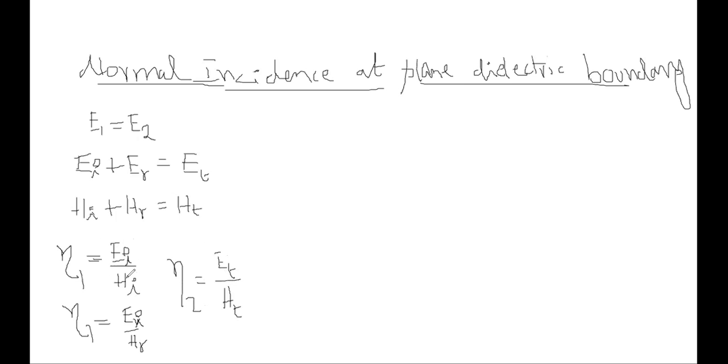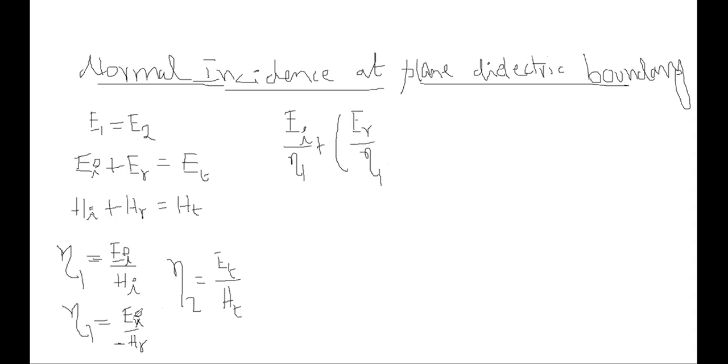Now from this equation, HI is equal to EI by eta 1, plus the same thing, HR is also ER by eta 1. But it is in the minus. Why it is a minus: I already explained with the diagram, the reflected beam is in the opposite direction, minus HR it is.